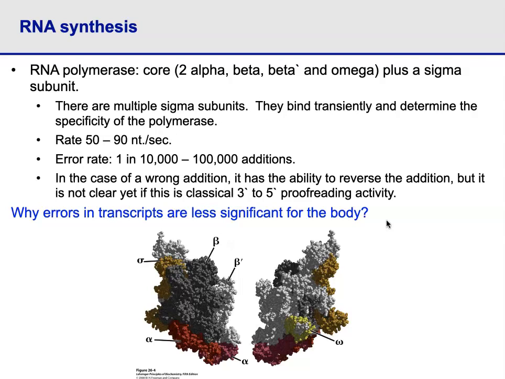Why? Because let's suppose that you make 1,000 copies of mRNA. If 1 or 2 mistakes are present, well, the rest of the 998 don't have that mistake, and they will generate perfectly fine proteins. So the overall effect is masked by the correct copies of mRNA that will be generated.